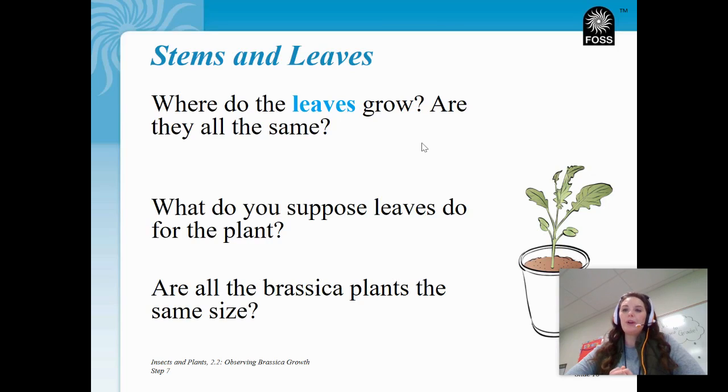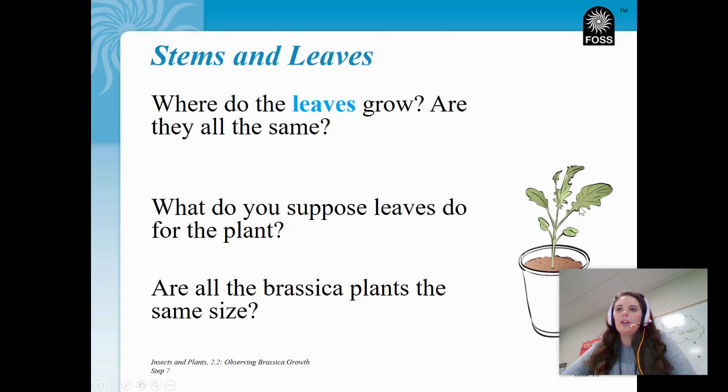Where do the leaves grow? And are they all the same? Right now, most of my leaves look the same, but we're going to keep an eye out and see if some of the leaves start to look different. Right now, if I look at my screen, the leaves that are at the bottom of the plant, where my pointer is, those look most similar to the leaves on my current brassica plant.